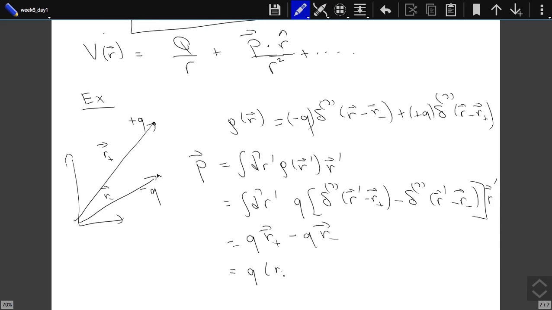This is q times r plus minus r minus. And that vector r plus minus r minus is nothing but this vector, connecting the negative charge to the positive charge. And this is actually how we had defined before the dipole moment.